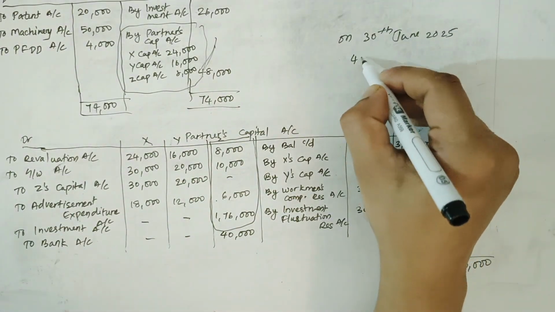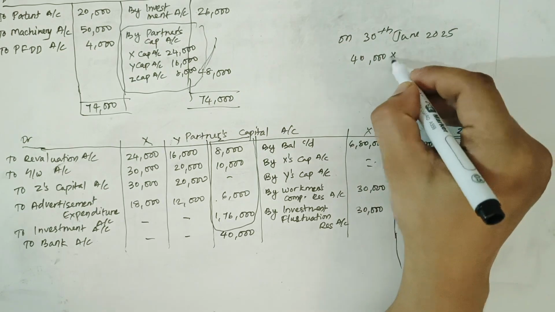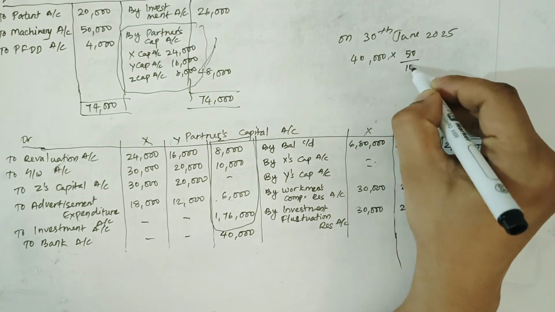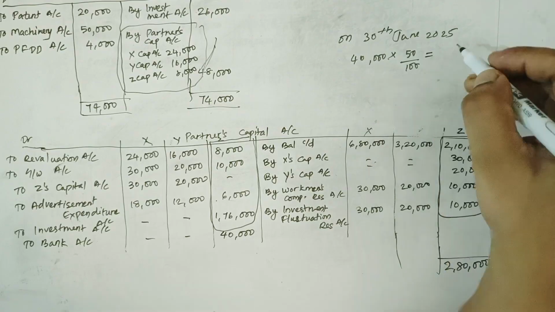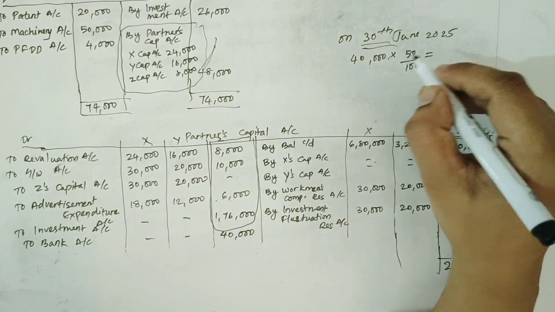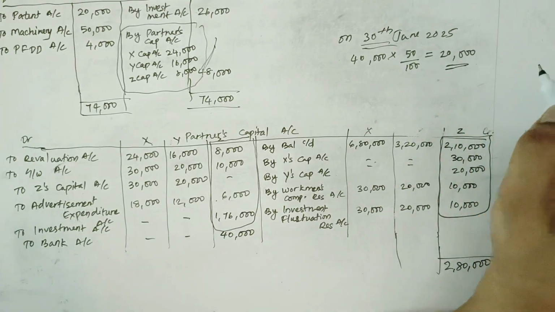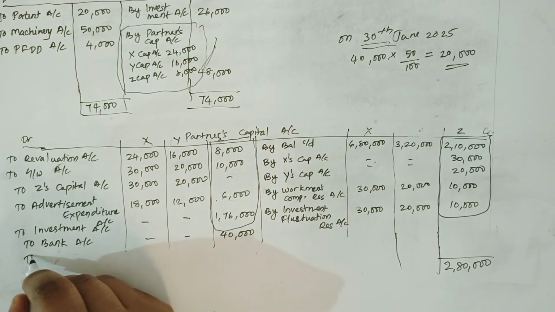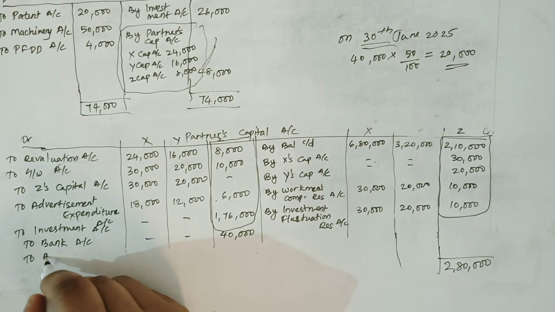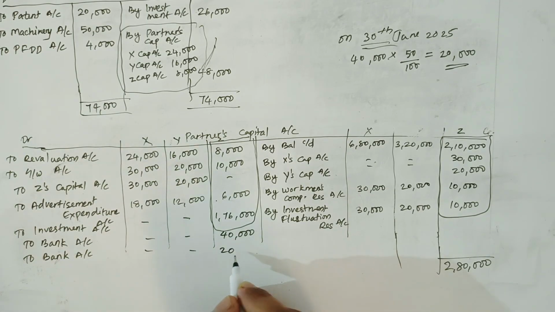So the remaining is 40,000. 40,000 has to be paid to Z, and 50% of 40,000 they are paying by check, which is dated on 30th June. So the 50% of 40,000 is 20,000. For 20,000 they are giving a check. So the journal entry will be Z's capital account debit to bank account, 20,000.